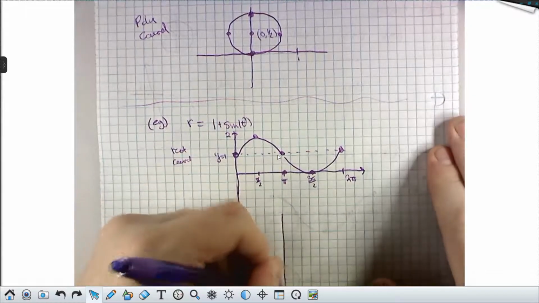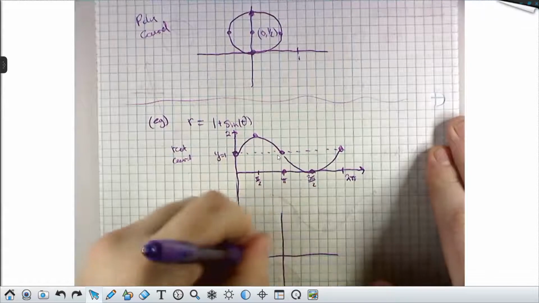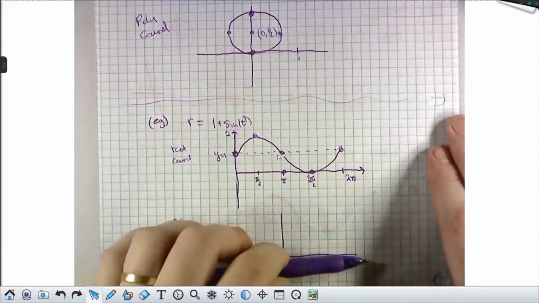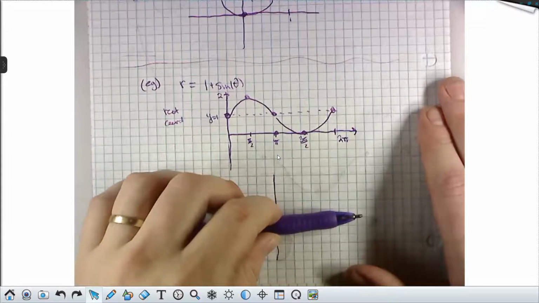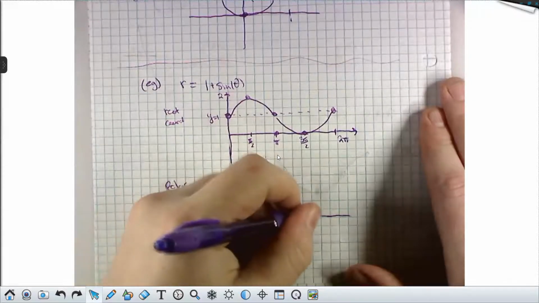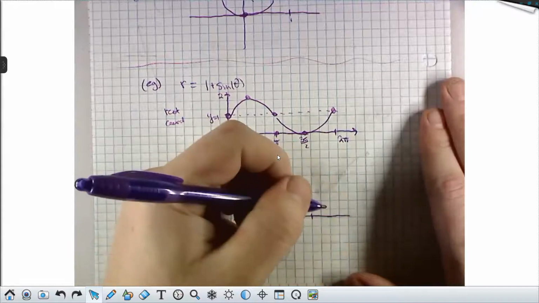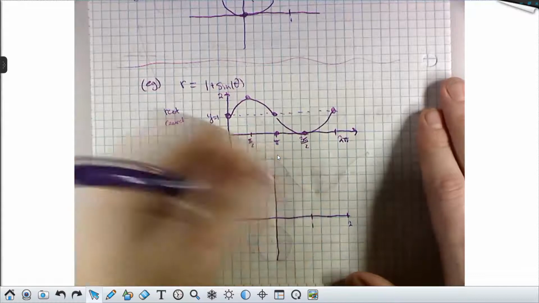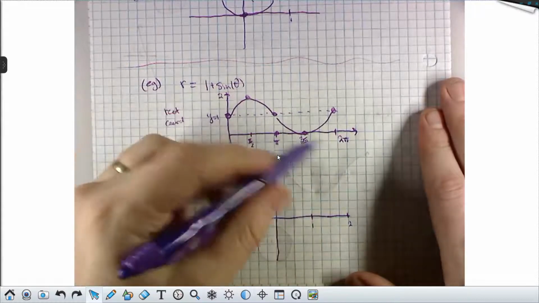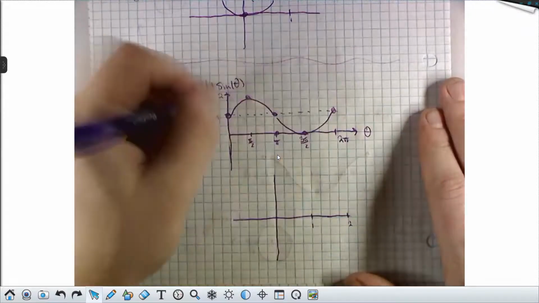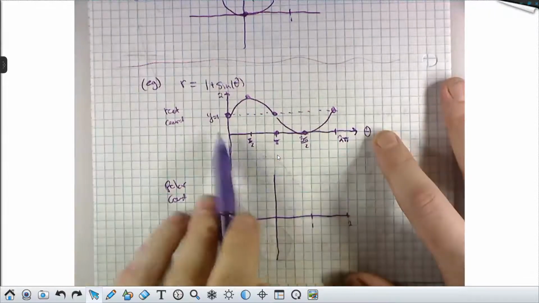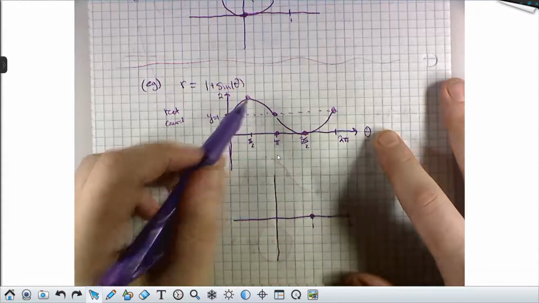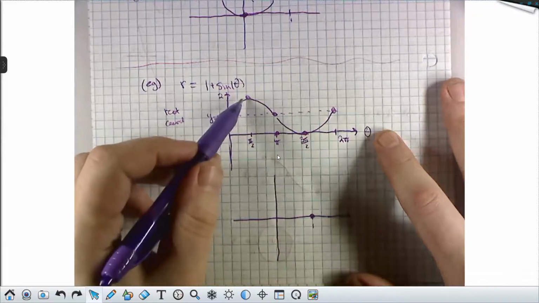It's going to look like this. When theta is 0, r is 1. So we measure this as 1, this 2. When theta is 0, r is equal to 1. Right? This is my theta r graph. Theta here, r here. So theta 0, r is 1. As theta increases to pi over 2, r exceeds 1, goes out to 2.